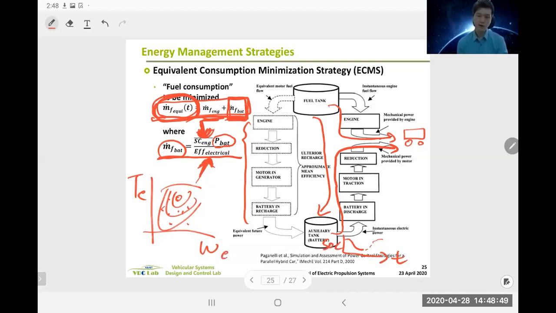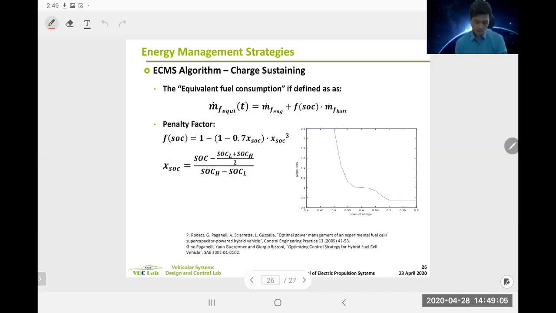We will find out the relationship between the derivation from optimal control theory and this intuitive approach. Anyway, we have this function to minimize at every instant.